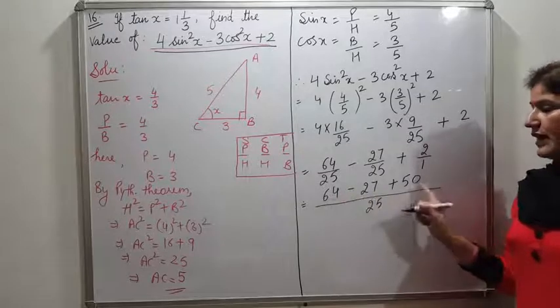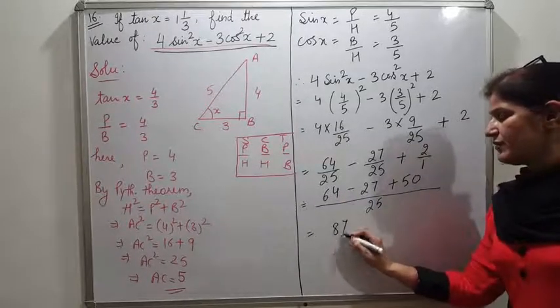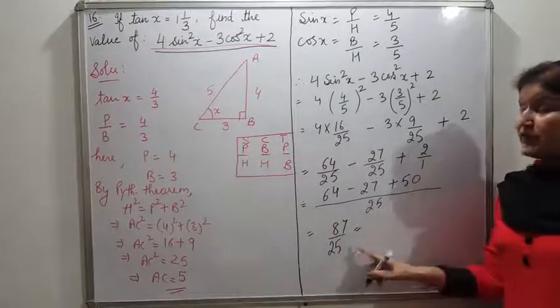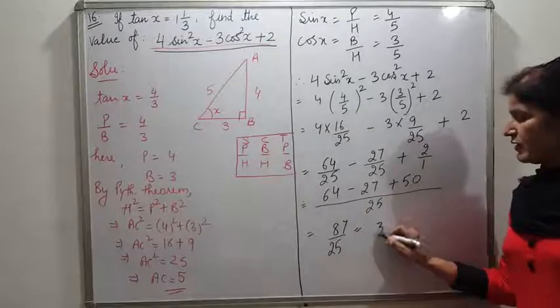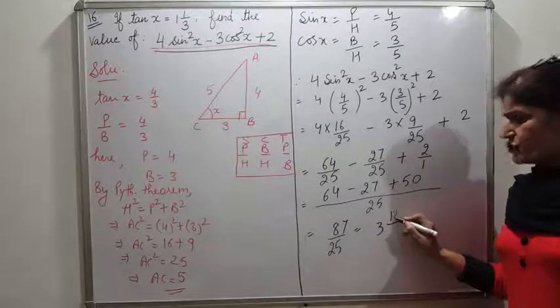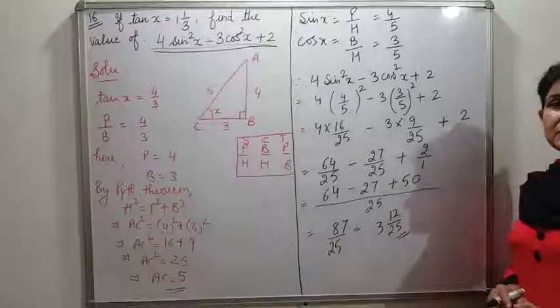Now when you add and subtract, 87 upon 25 will come. Now you have to change it into a mixed fraction. 25 3s are 75. Otherwise you can divide and see. And what is left? Remainder 12 upon 25. So this is your answer.